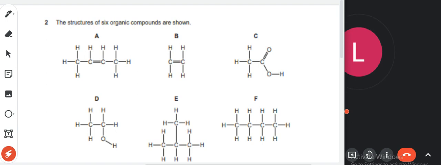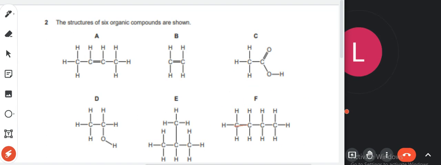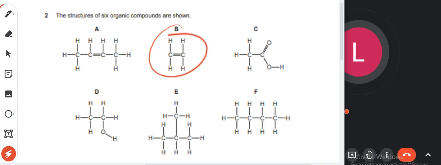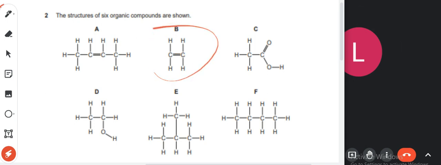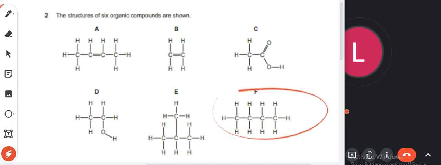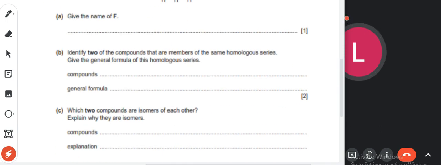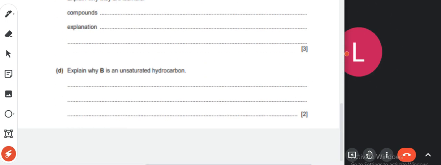So it is more reactive compared to F. F is saturated, having single carbon-carbon bonds. B has a double carbon-carbon bond, which is an alkene. A is also an alkene with a double carbon-carbon bond. F is an alkane, which is saturated.